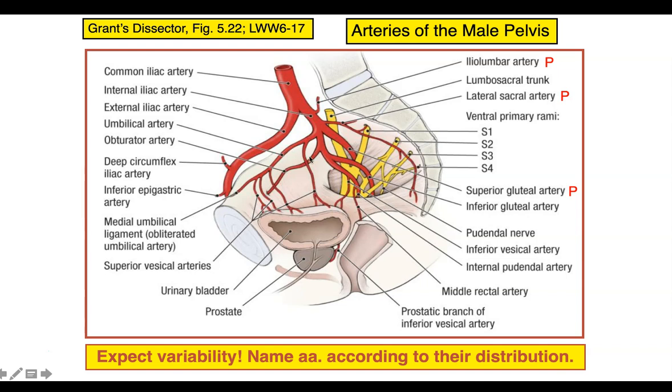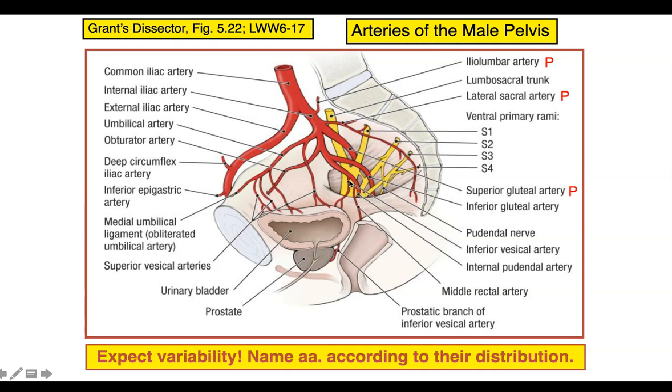The next branch is the obturator artery. The obturator artery courses through the obturator canal, and it supplies the medial compartment of the thigh. Then in the male, there is a named branch, the inferior vesical artery.